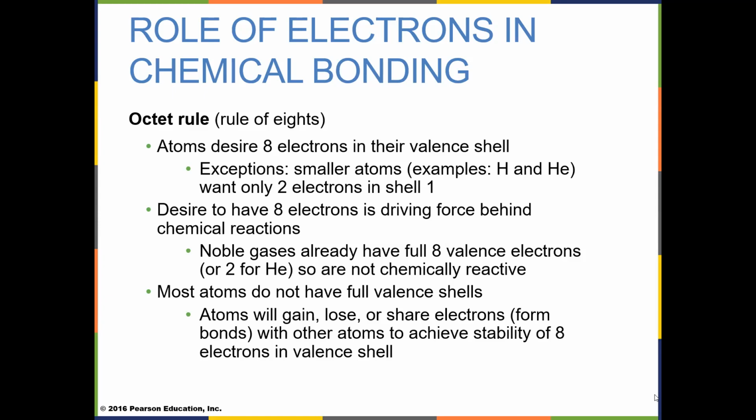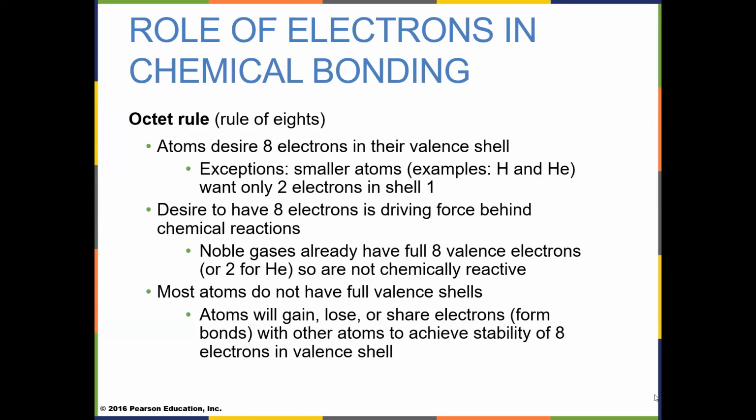In a balanced atom or a neutral atom, you're going to have exactly the same number of protons and electrons. So if you encounter the phrase a balanced atom or electrically neutral atom anywhere, that means that protons and electrons match. And we have a rule here called the rule of 8s, or the octet rule.